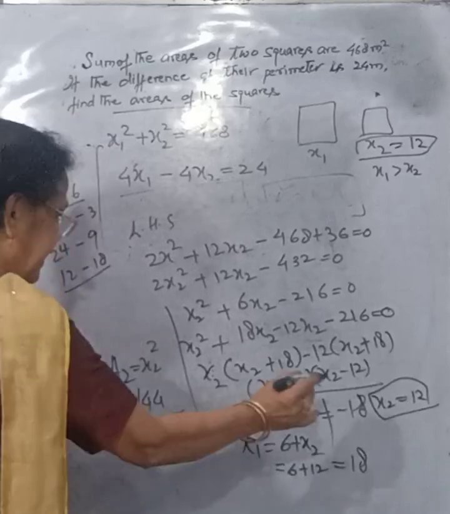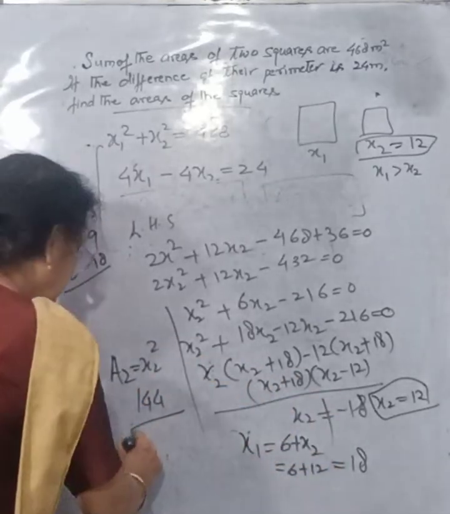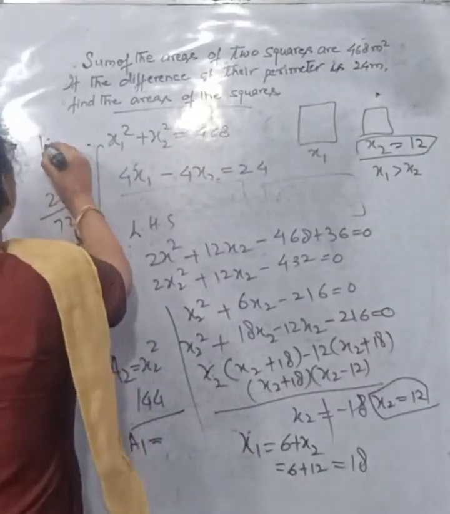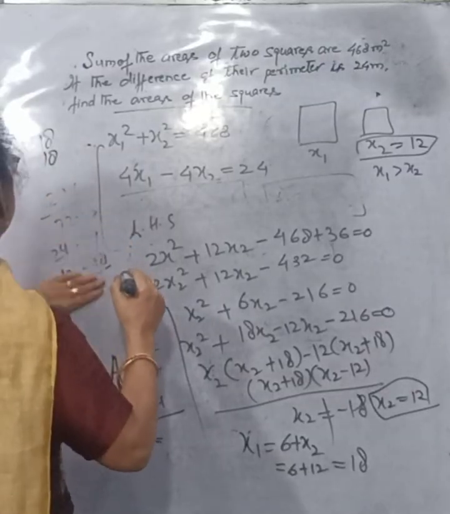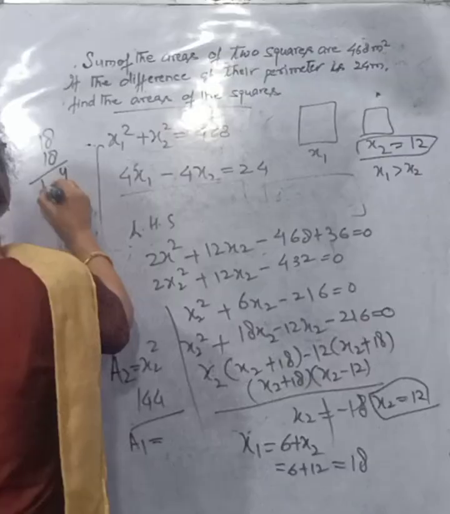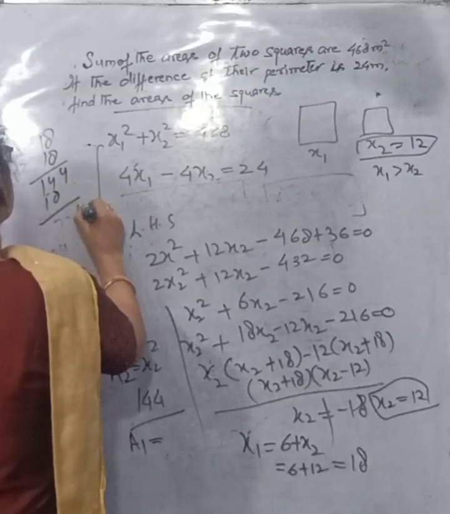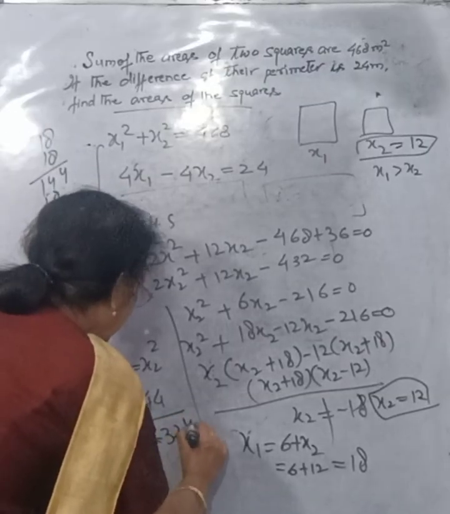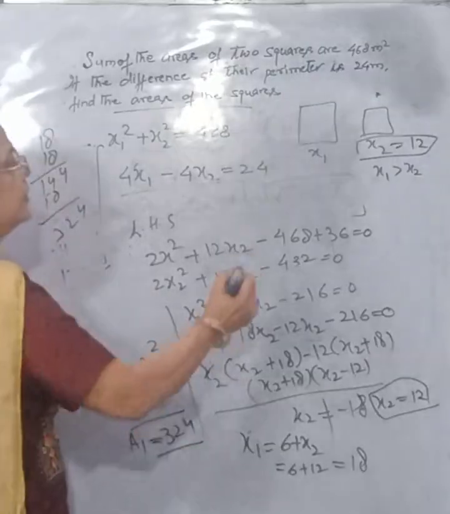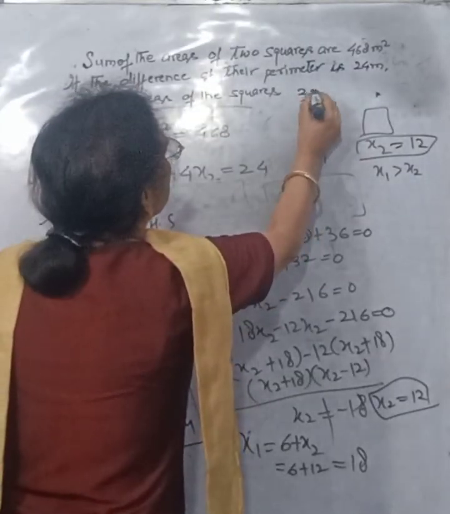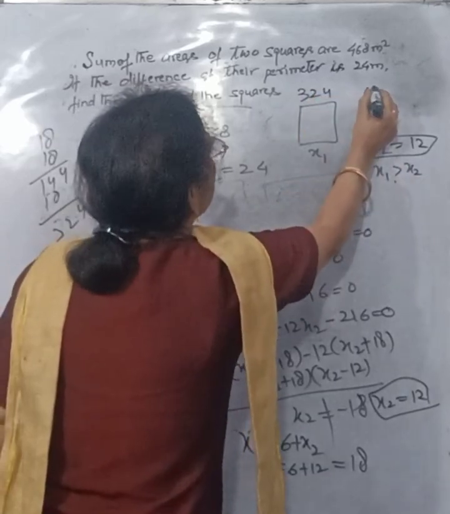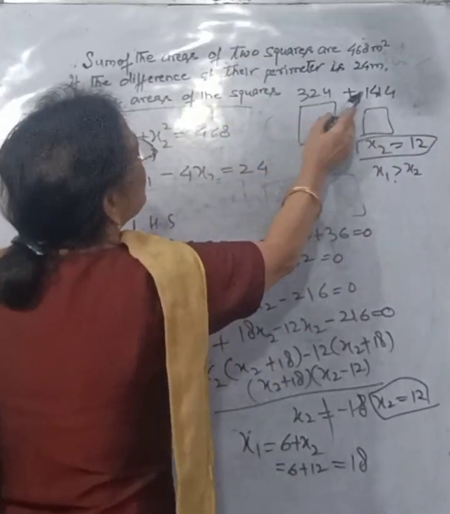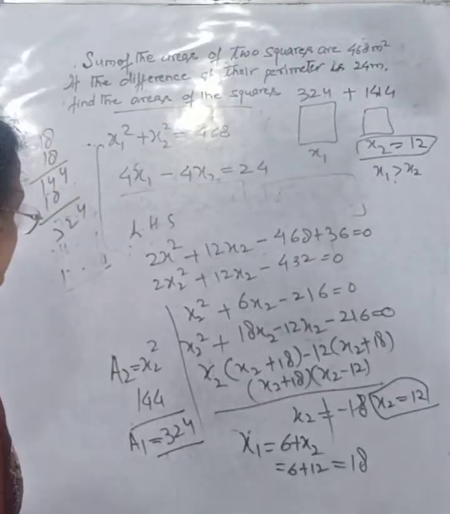And the area of the bigger square, A1, is 18 square, which is 324. The area of the bigger one is 324 and the area of the small one is 144. The addition of these two is equal to 468, so our answer is correct.